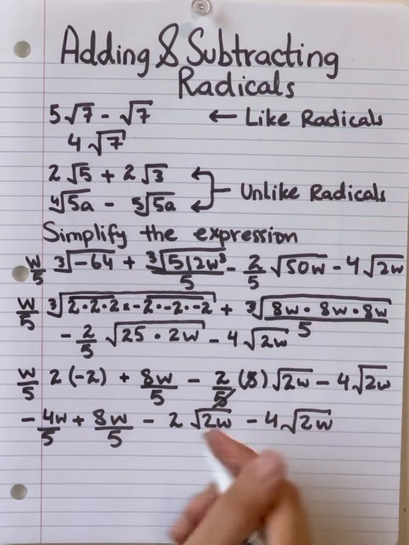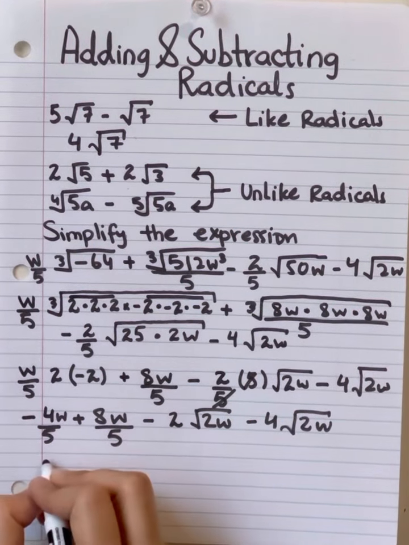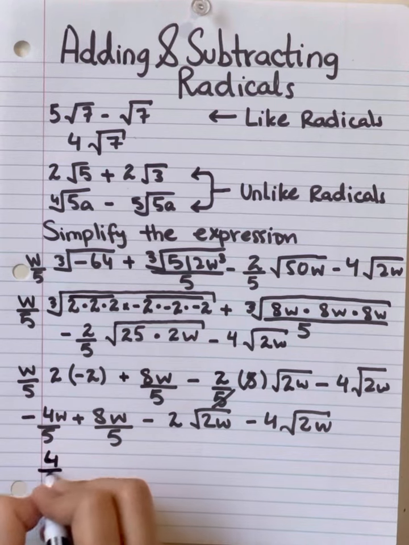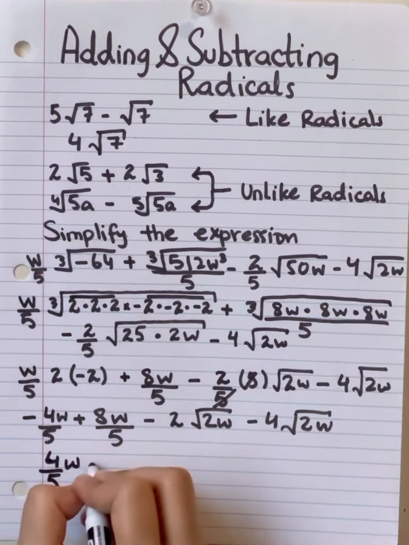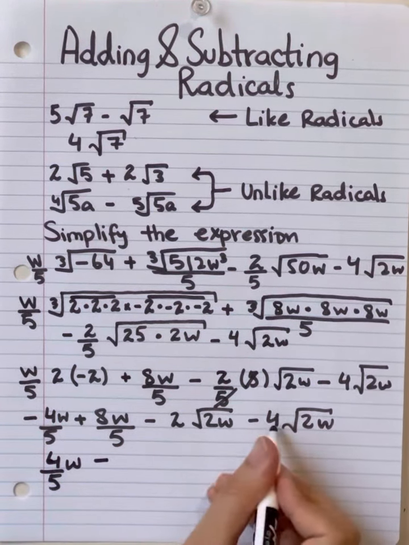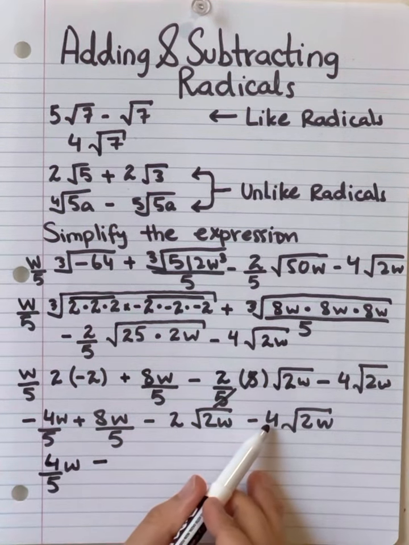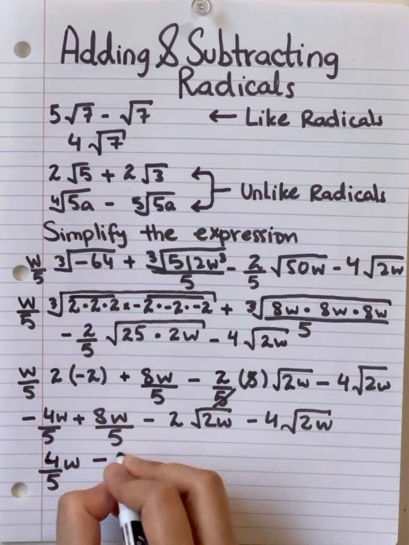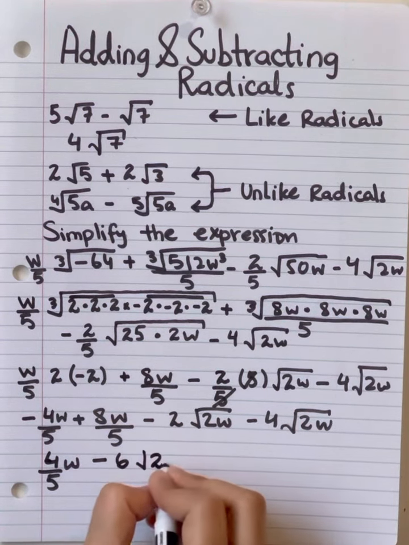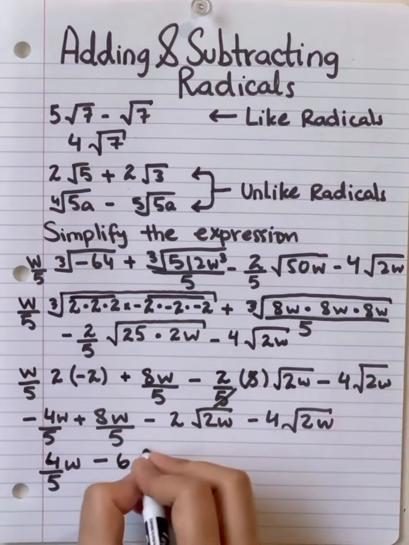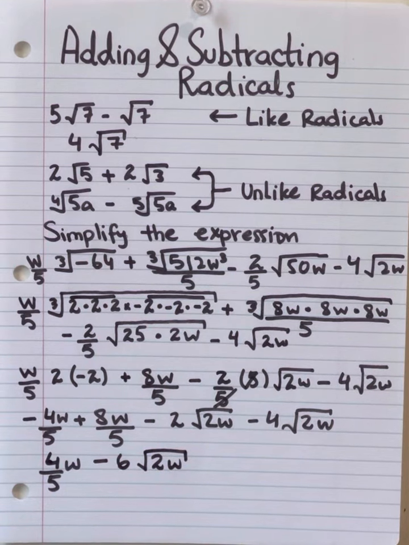So we can solve this one. Here we get 4 divided by 5w, minus, we solve the coefficients, so minus 2 minus 4 is minus 6 square root of 2w. And that's the answer.